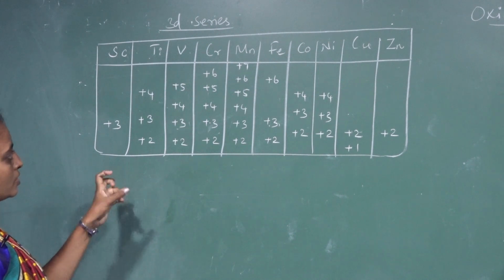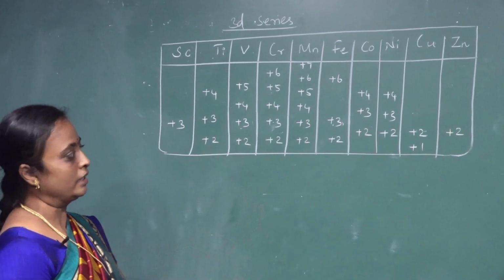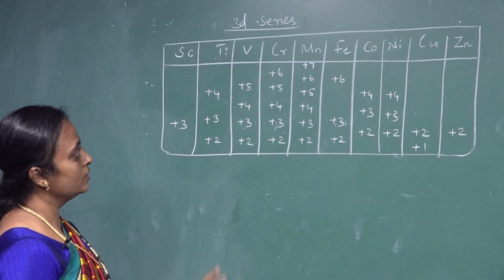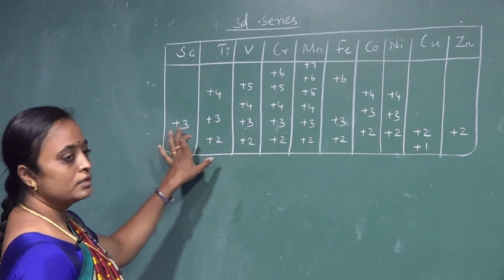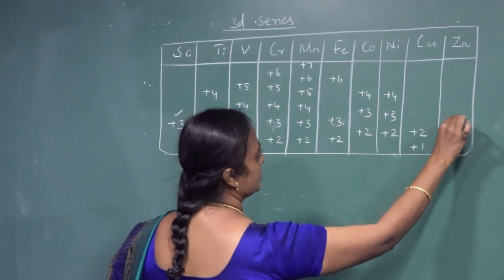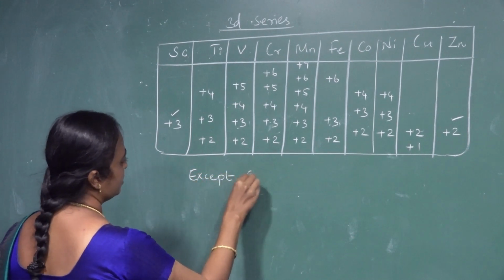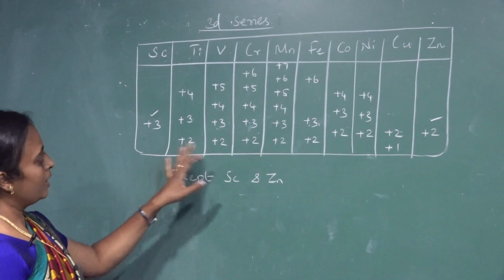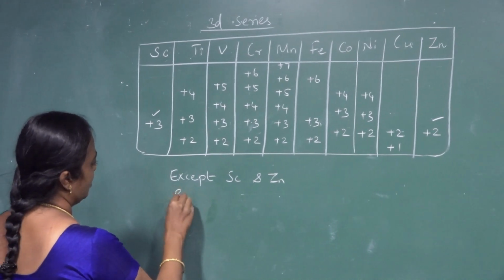These are the oxidation states available for the different 3d transition elements. Except scandium and zinc, all the remaining elements show variable oxidation states.